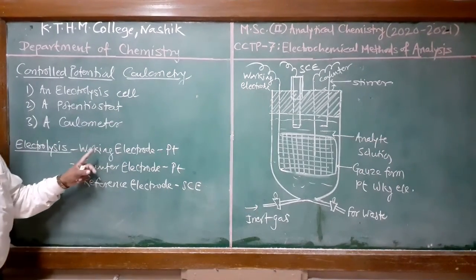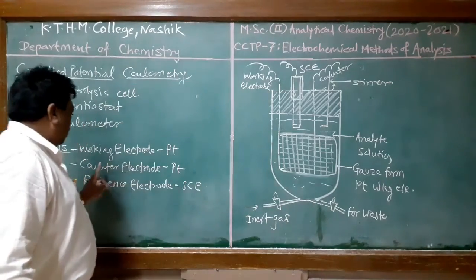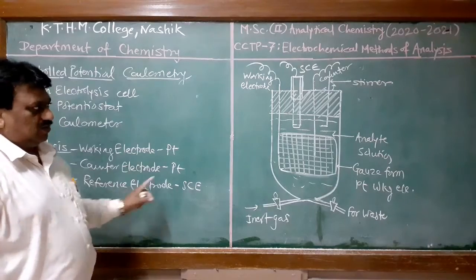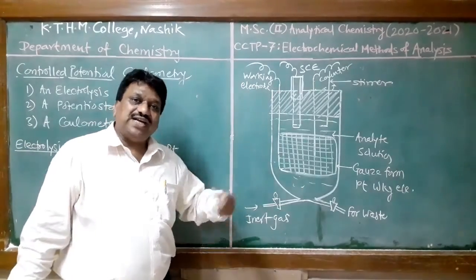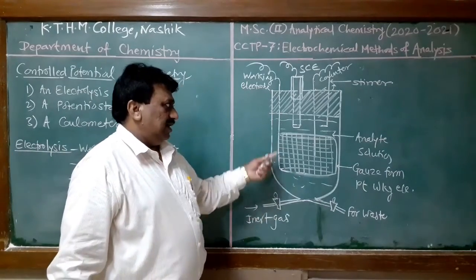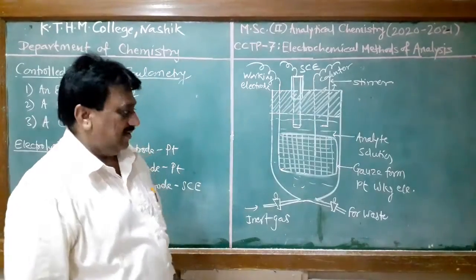Therefore, here in an electrolysis cell, the working electrode, counter electrode and reference electrode are placed in a glass vessel which contains an analyte solution, and this glass vessel acts as the electrolysis cell.